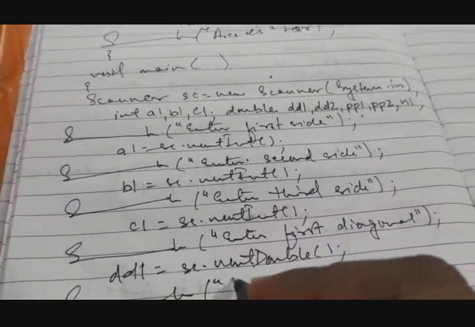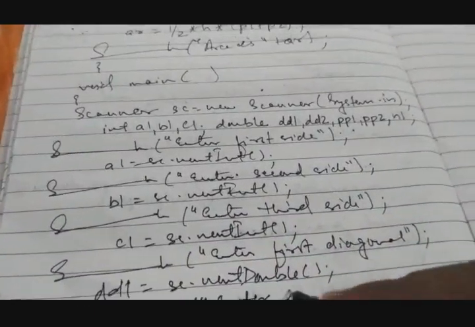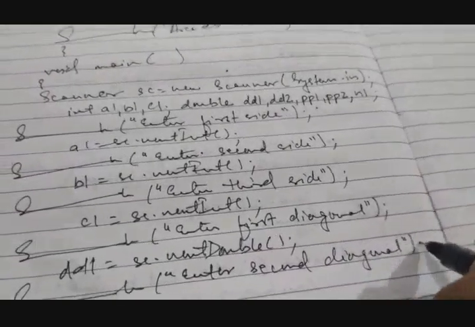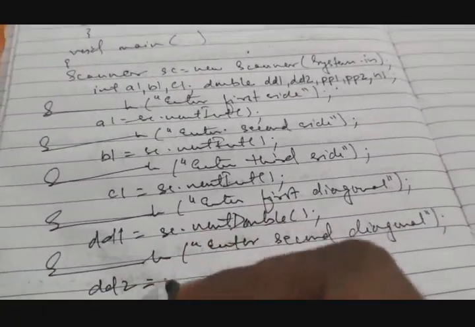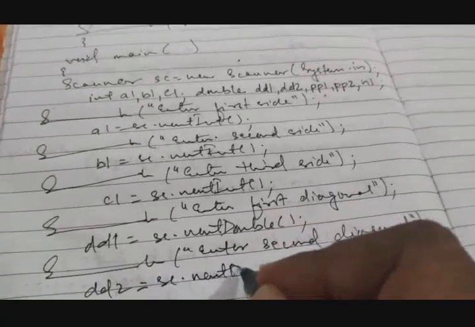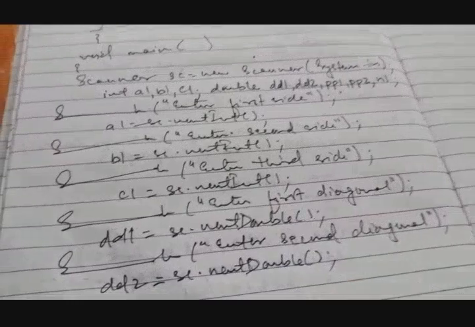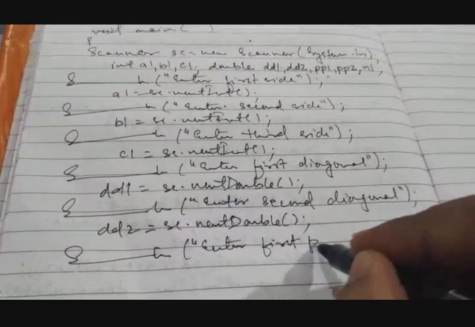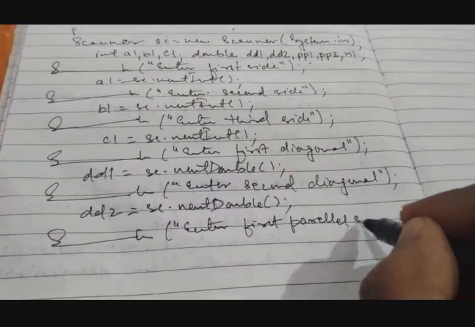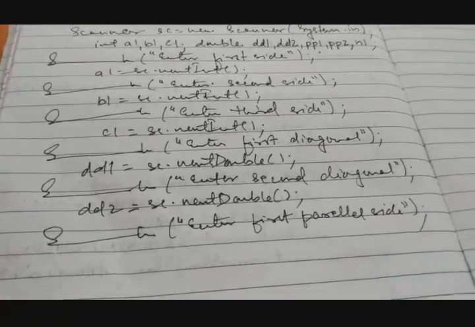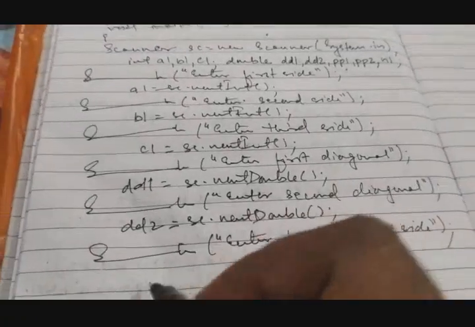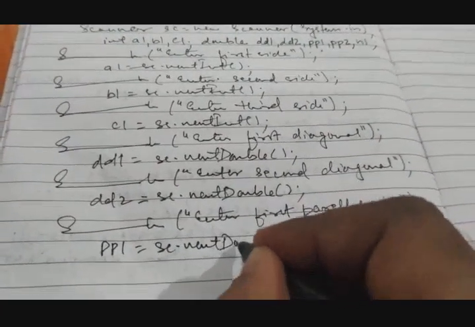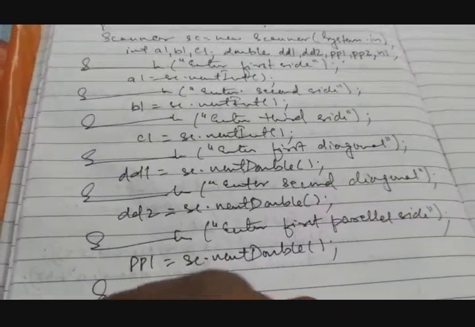Enter second diagonal, dd2 equals to sc dot next double method. Enter parallel side, pp1 equals to sc dot next double method.